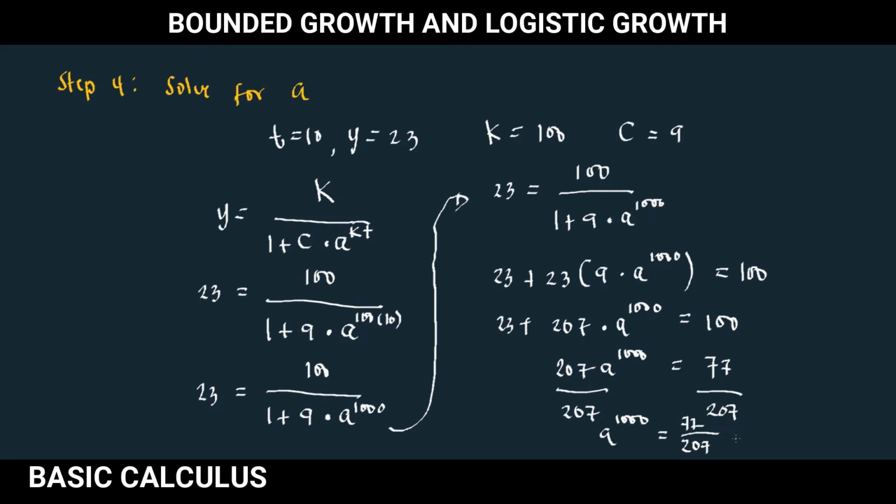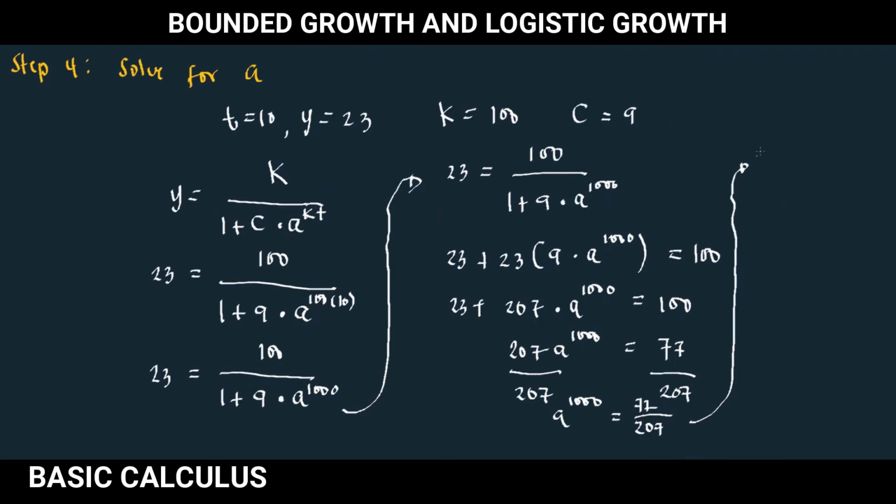Okay, let's continue this one right here. Let's copy this one. So we have A raised to 1000 is equal to 77 over 207. Now since our goal is to solve for A, we need to get rid of the exponent right here. So what we are going to do is to get the 1000th root of both sides.